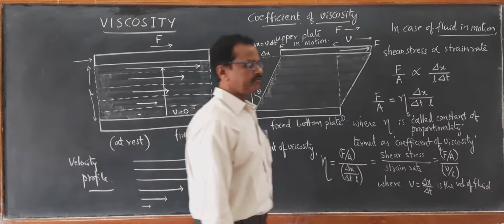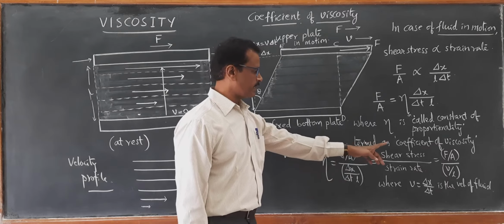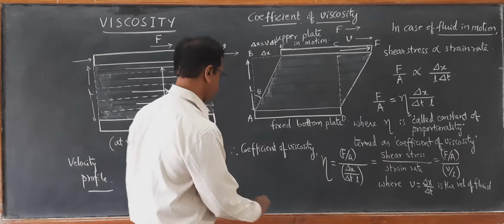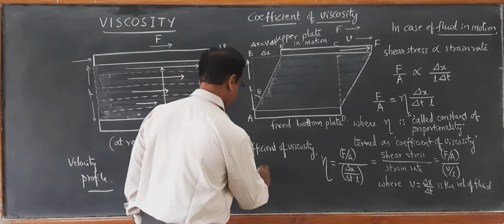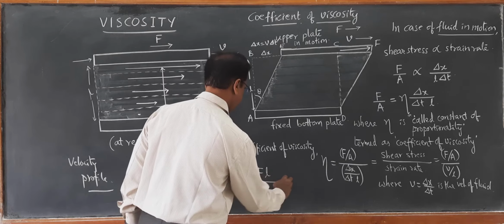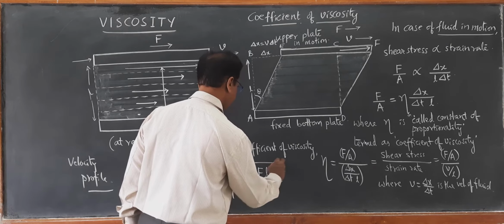Therefore, eta is equal to F by A divided by v by L. Further, this can be simplified as FL divided by Av.